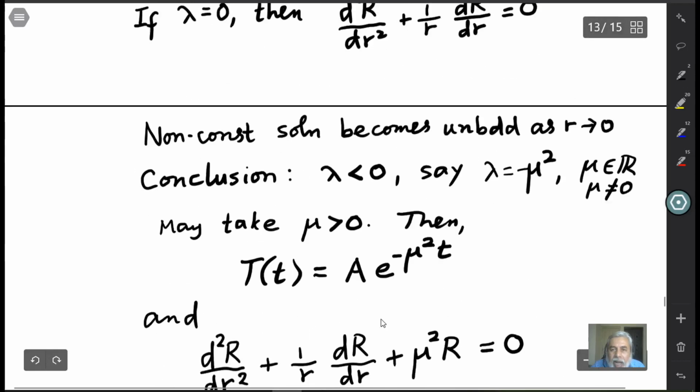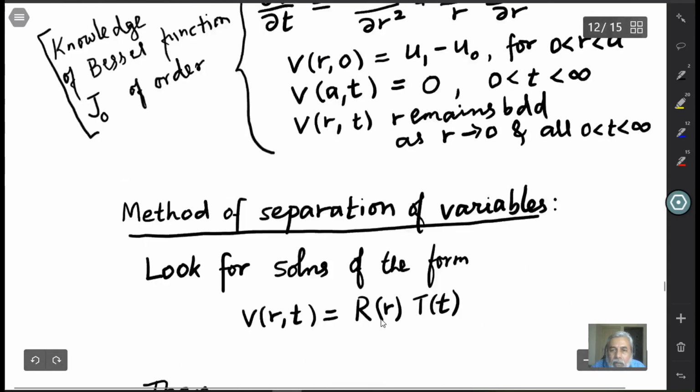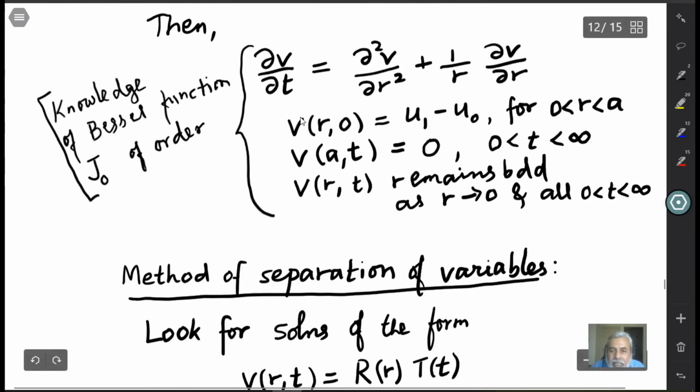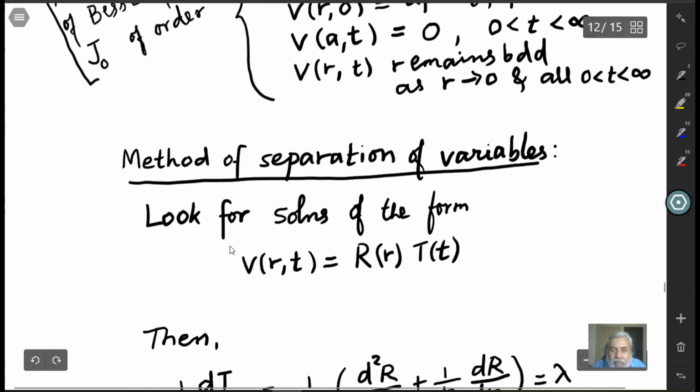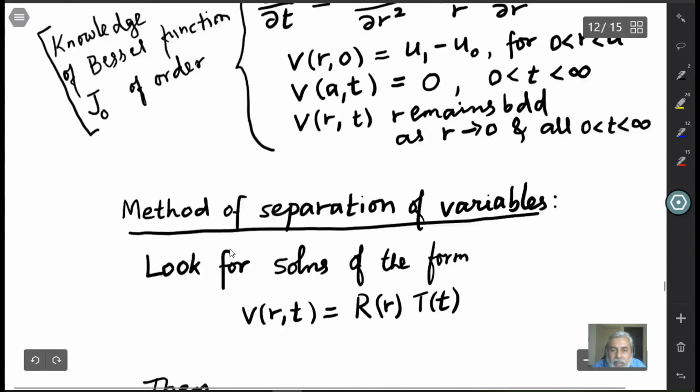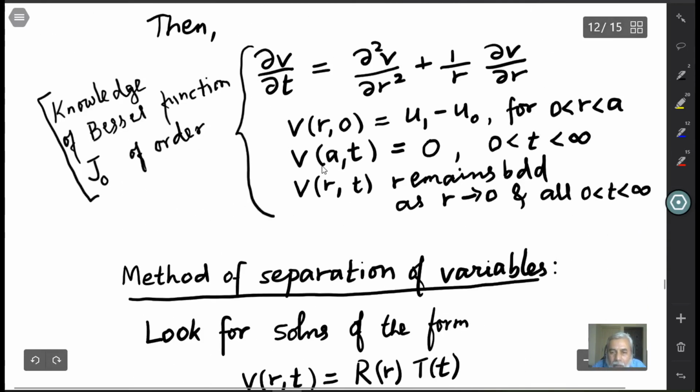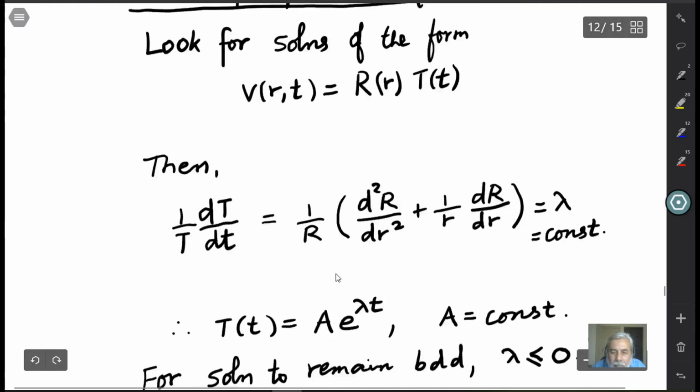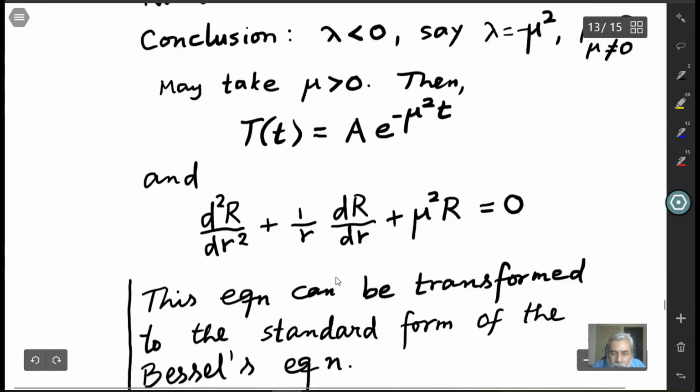Okay, and now we have to satisfy the initial condition and boundary condition. So let's take the first boundary condition. This is given only at r equal to a, so that big R function we have to worry about.